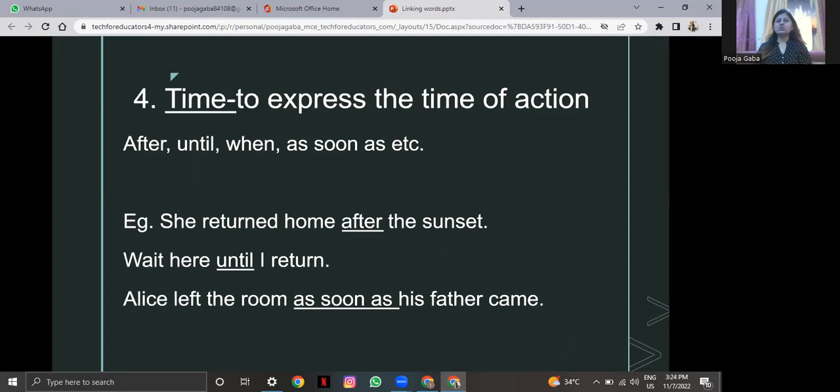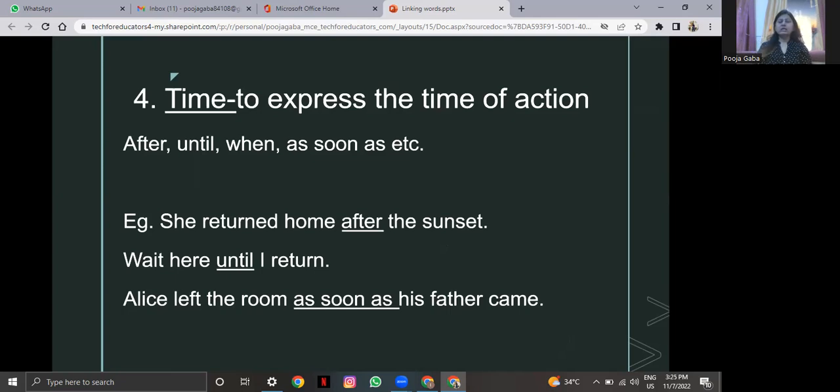The next one is to show the time, when we have to express the time of action. The linking words used for those are after, until, when, as soon as, etc. See the examples. She returned home after the sunset. Here it is showing the time of action. When did she return? After the sunset.